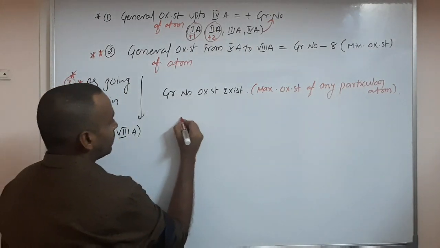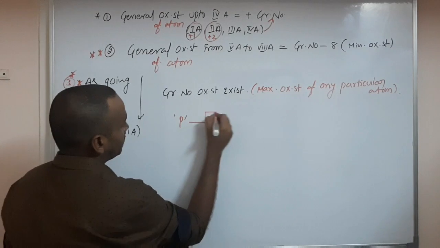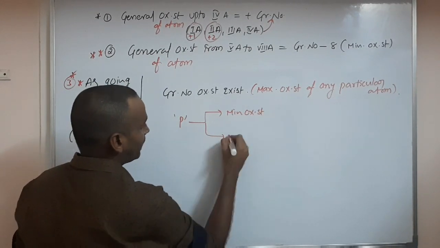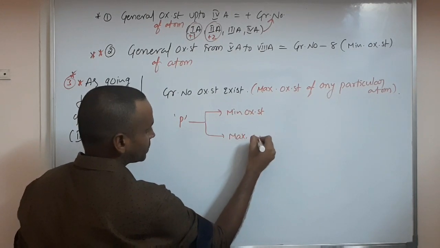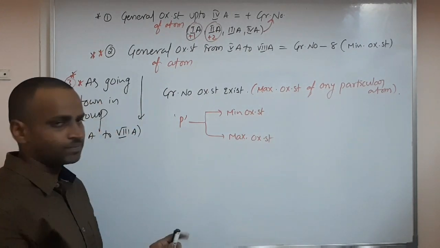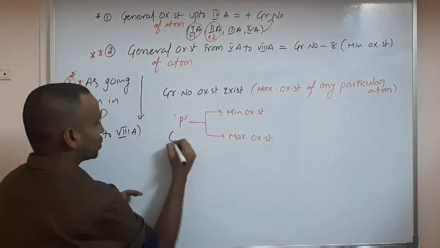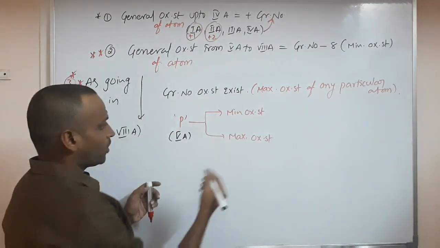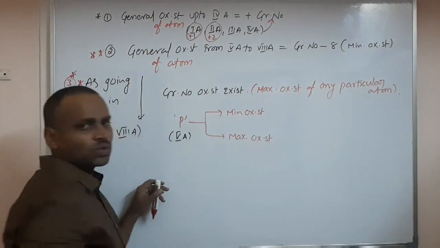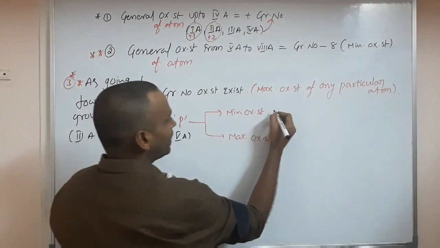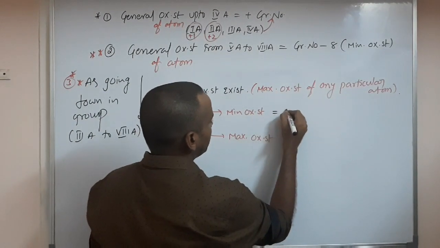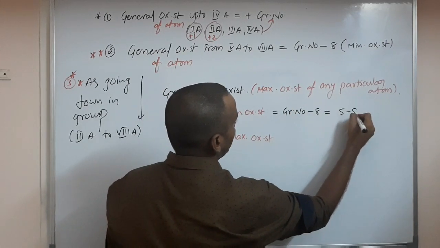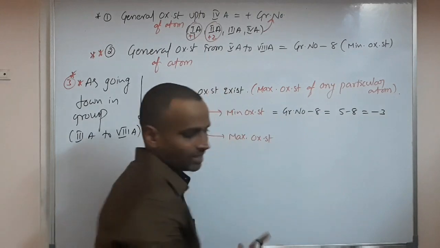Suppose phosphorus. Minimum oxidation state is what? And maximum oxidation state is what? If you see, phosphorus, which group? It's a 5A group, right? So phosphorus minimum means least oxidation state. Minimum oxidation state is group number -8, that is 5 minus 8, that is -3, remember.